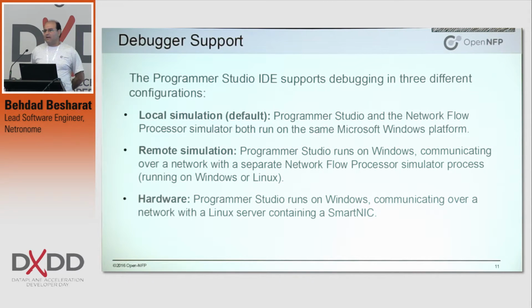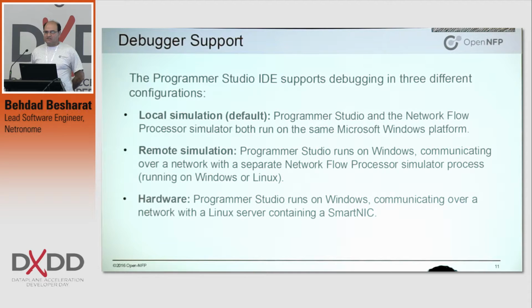The debugging platform that the SDK supports, as I said, supports the simulator and the hardware. The simulator can run locally on the host where Program Studio or the SDK is running. So both of them will be running on Windows, either in a VM or using Wine.